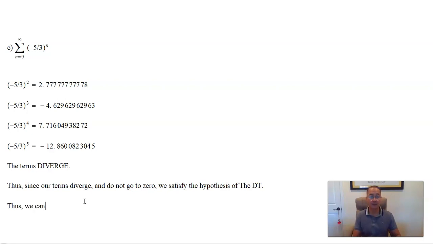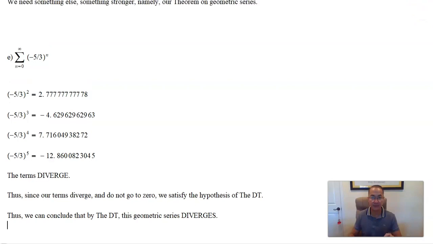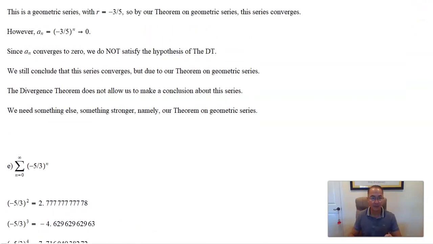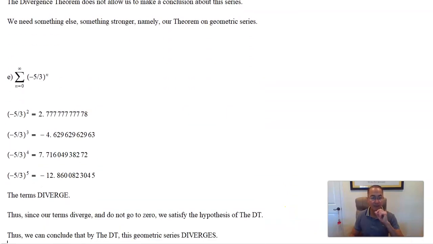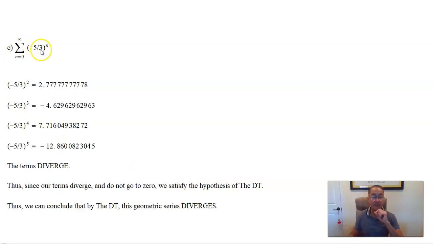Okay, thus we can conclude that by the divergence test, this geometric series diverges. Okay, so whereas in the last example, when the geometric series converges, the divergence test does not apply. In this example, the geometric sequence diverges, so the test for divergence does apply.